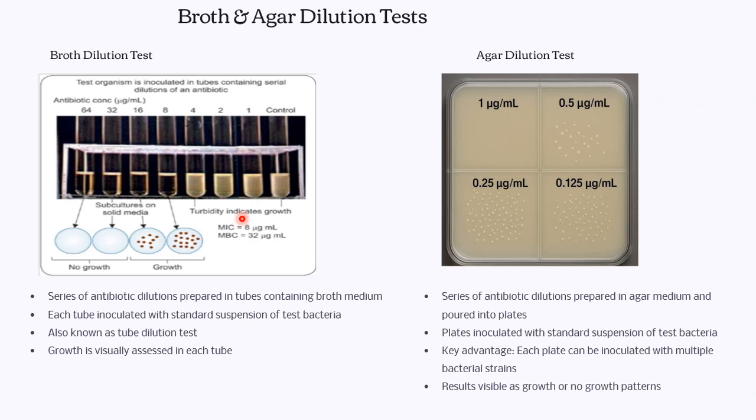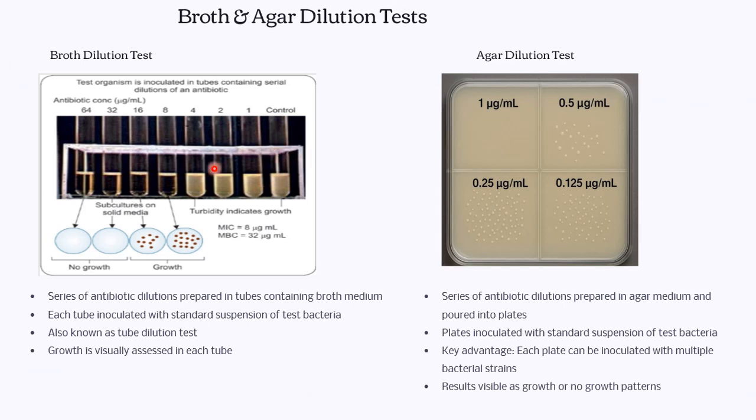Then in the agar dilution test, we prepare the serial dilution in agar medium. Different test tubes containing liquid agar medium, to which we add different concentrations of antibiotic and the standard test microorganism.